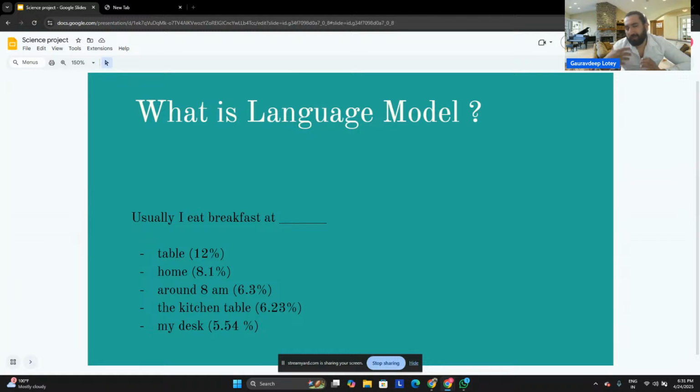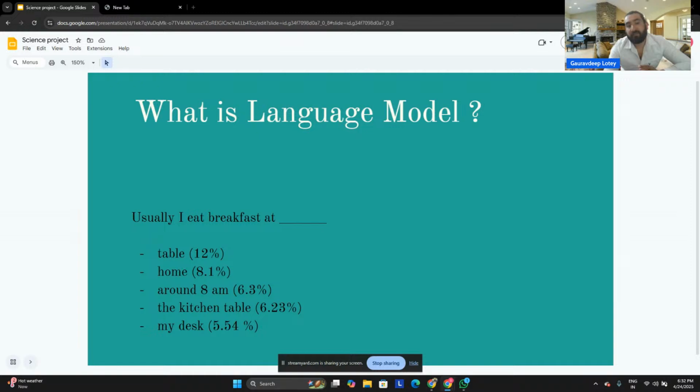Anyone here from a machine learning background might be aware of n-gram models. So what is an n-gram model? It is nothing but a statistical model, which could be 2-gram, 3-gram, 4-gram, which takes phonemes, letters, words, and their base pairs, and using these techniques predicts the next possible word.